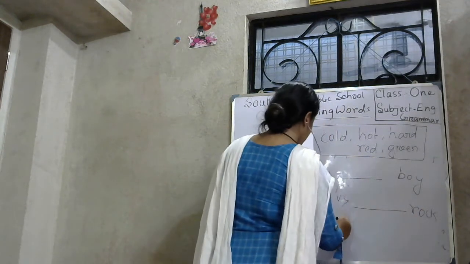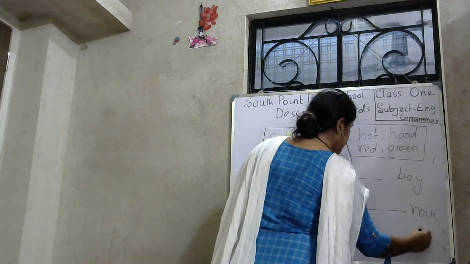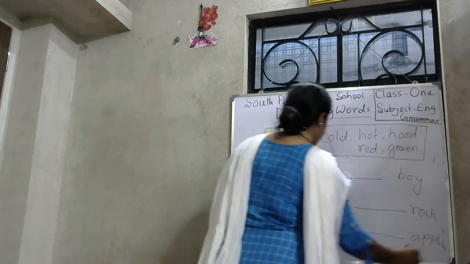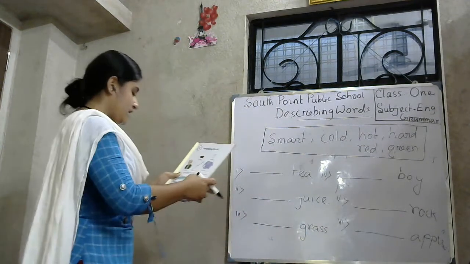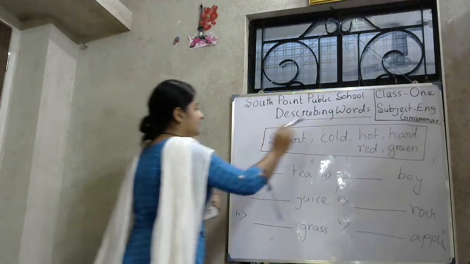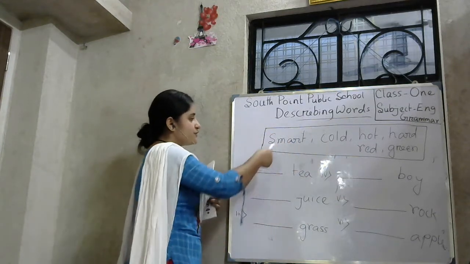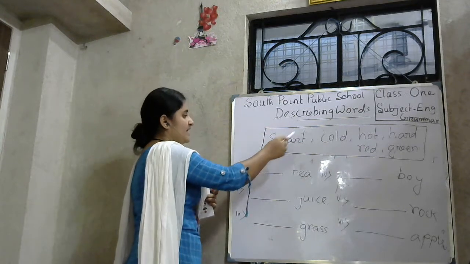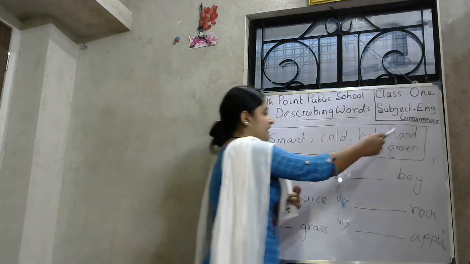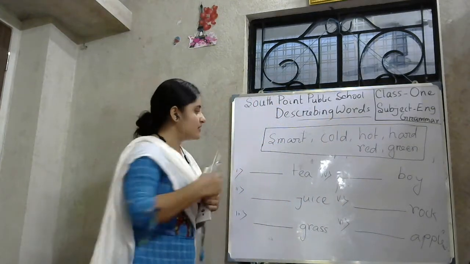Number 6, dash apple. Now student, you have to write the correct describing words for these nouns. First is dash tea. You have to find out: smart tea, cold tea, hot tea, hard tea, red tea, green tea. Which one is suitable?